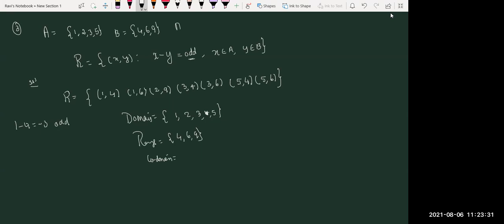See, codomain means what? They're asking for a relation from A to B, right? This B set is always the codomain. The second set is the codomain. In the previous questions, the relation was on only one set.